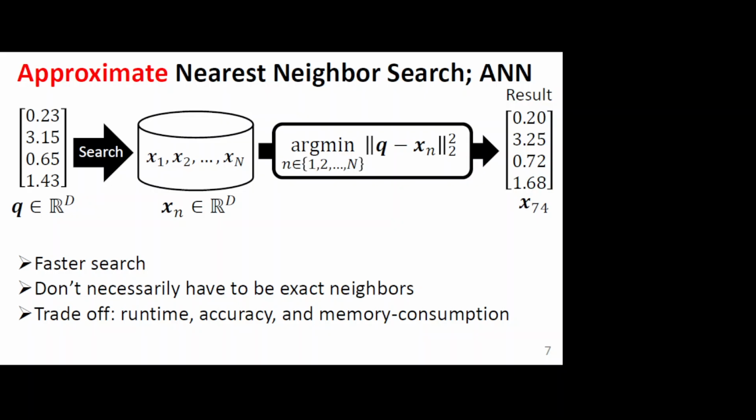So it's a trade-off between runtime and accuracy. Also, because you build another index structure, it will take additional memory. Whether you use a tree, an inverted file, or a graph, they will consume different scales of memory. We will talk about this later.